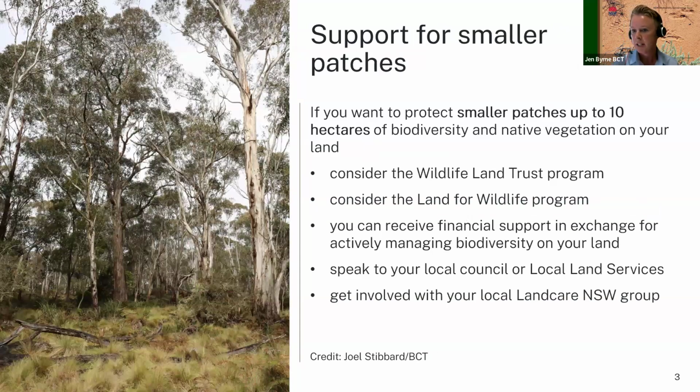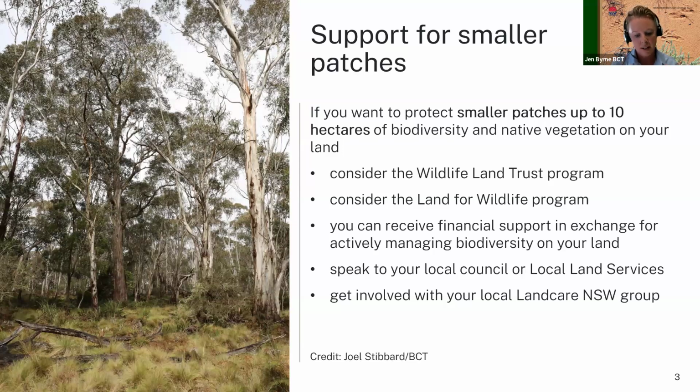There'll also be people listening in today who have smaller patches of native vegetation biodiversity on their land and wonder how they may get some additional support. There's programs in New South Wales like the Wildlife Land Trust program and Land for Wildlife programs that are available to landholders in similar ways.